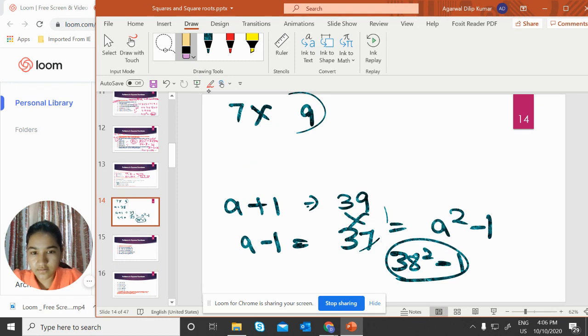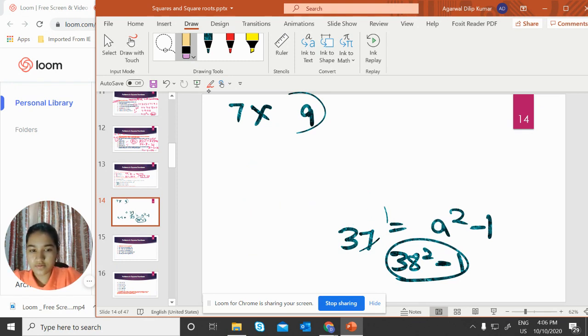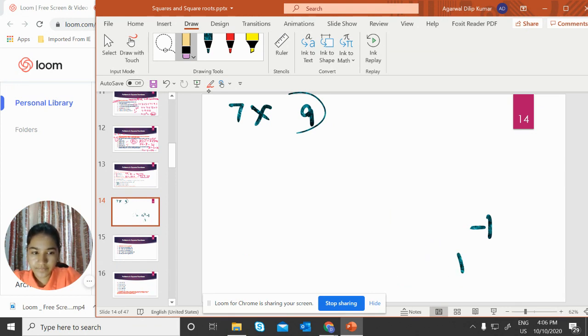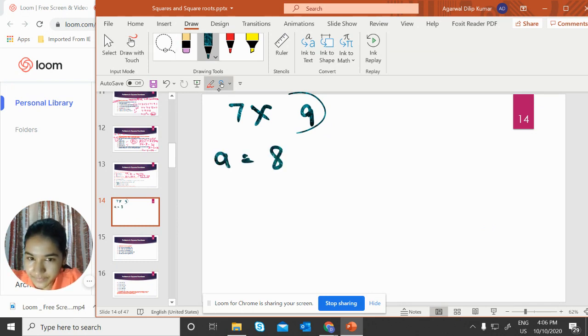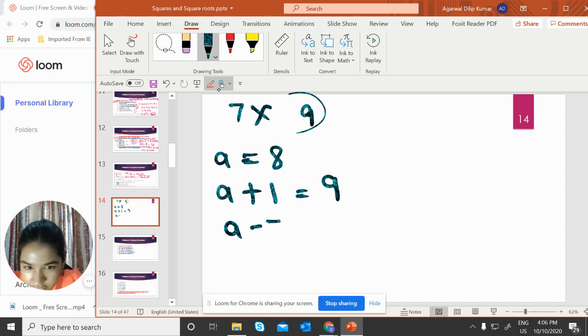If I had to take 7 and 9 and multiply, then what will be our a? Our a is going to be 8. Between 7 and 9, what comes? 8. So a is equal to 8. a plus 1 is equal to 9. a minus 1 is equal to 7.